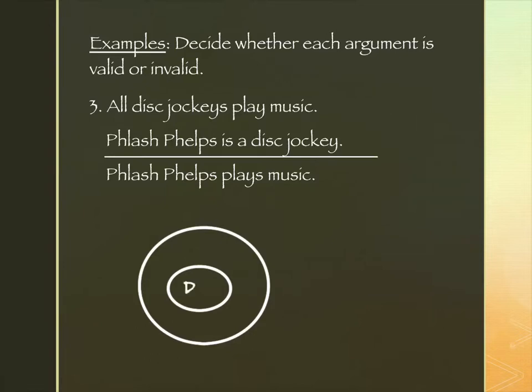The disc jockeys. I'll just abbreviate it as DJs. And then what is my outer circle? People or things or whatever that play music, yeah. So I'm going to put people, just because we're talking about the disc jockeys that are inside. So people who play music.